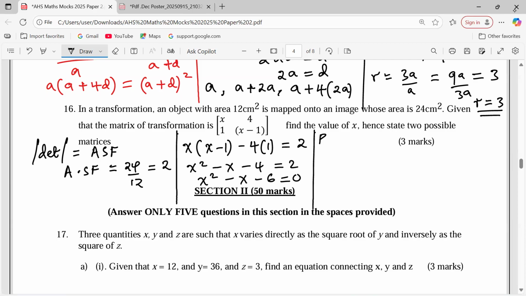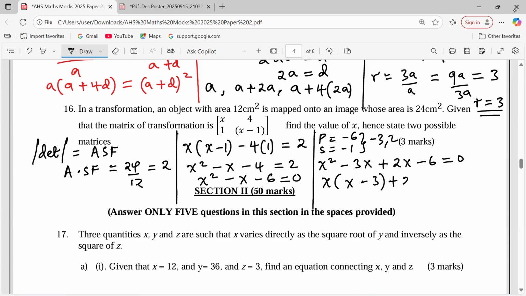Product negative 6, sum negative 1. These factors are negative 3 and 2. So now we can substitute them back. Instead of negative x, we say that x squared minus 3x plus 2x minus 6 equals 0. Then x into x minus 3 and plus 2 to remain with x minus 3.